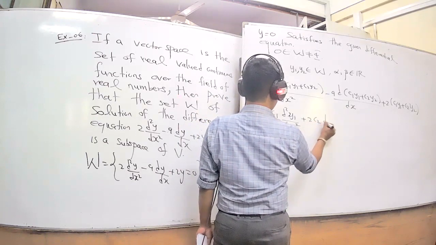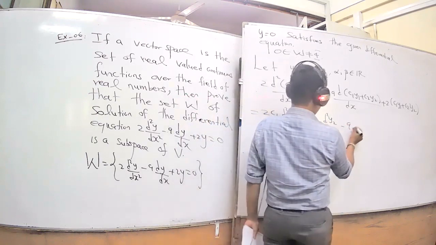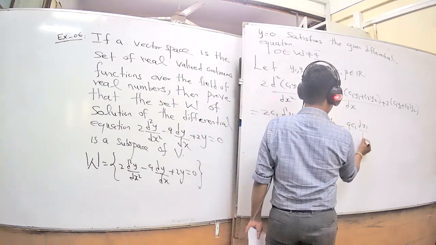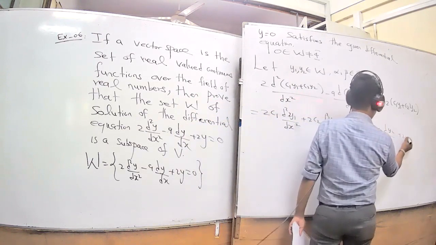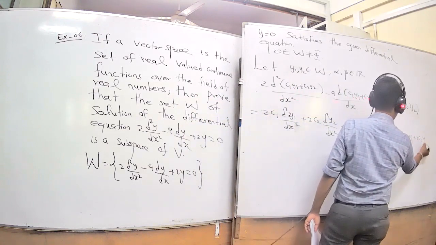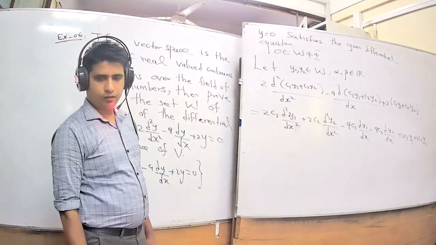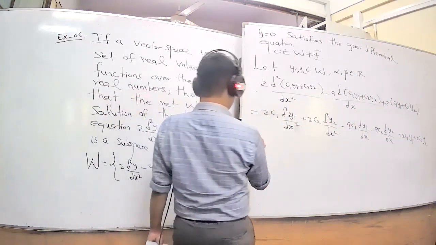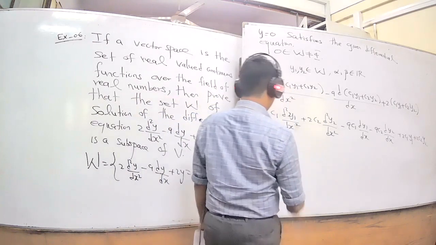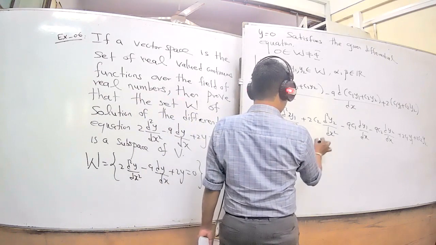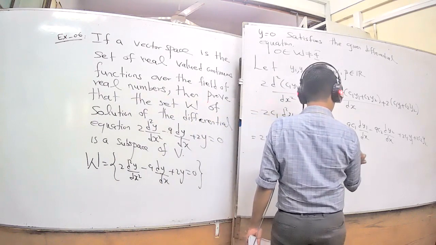Again 2 c2 d squared y2 over dx squared, minus 9 c1 dy1 over dx, minus 9 c2 dy2 over dx, plus 2 c1 y1, plus 2 c2 y2. So we can write 2 c1 d squared y1 over dx squared minus 9 c1 dy1 over dx plus 2 c1 y1.